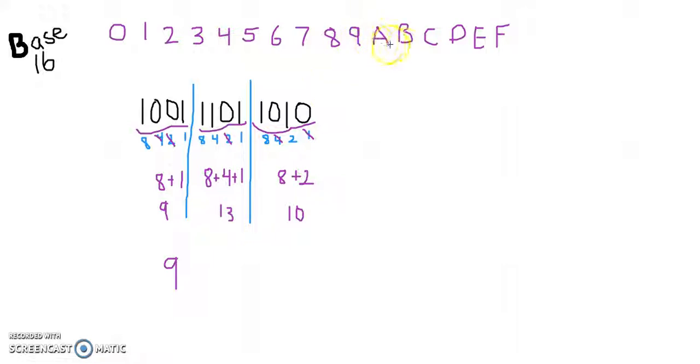It's represented by a D, over here, because you have 9, 10, 11, 12, 13. So that's a D. And then we have a 10, which is represented by an A. 9, 10. A is over here. So when you convert this binary number to hexadecimal, this is the hexadecimal for this binary number.